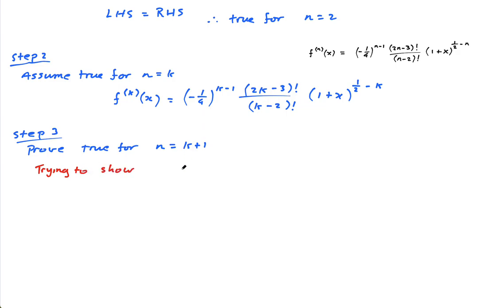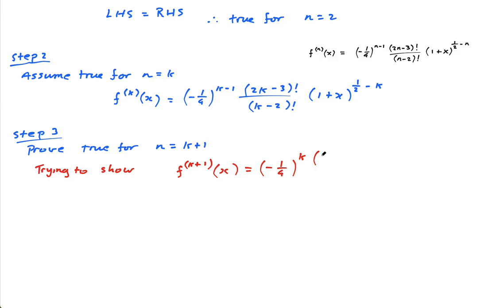So we're trying to show that the k plus 1th derivative, so the derivative of this, is equal to minus 1 over 4. So I'm going to do k plus 1 minus 1, which is just k. I'm going to do 2 to the k plus 1.